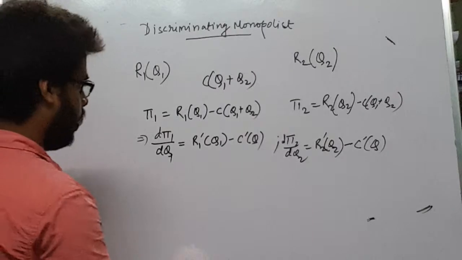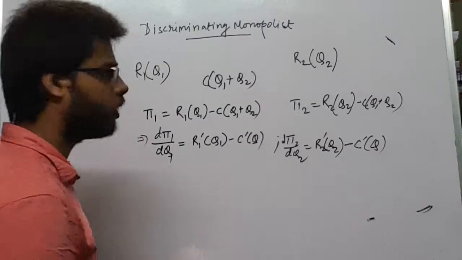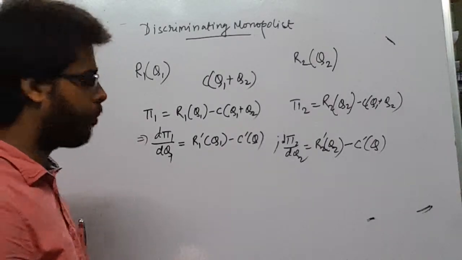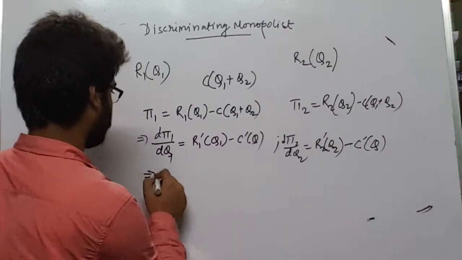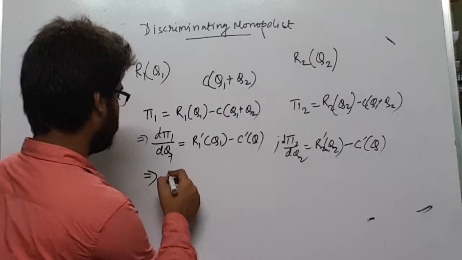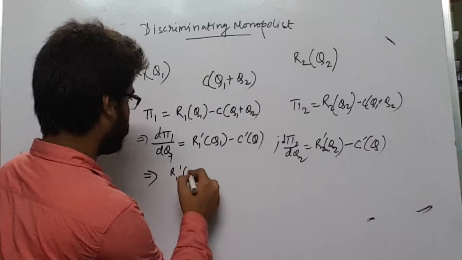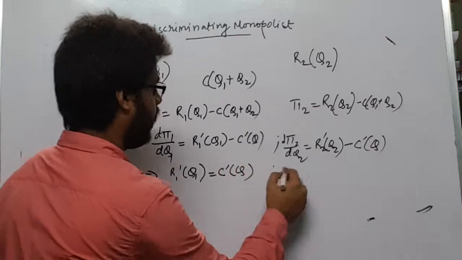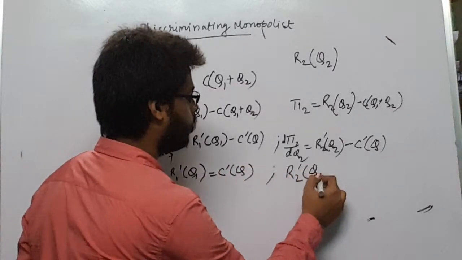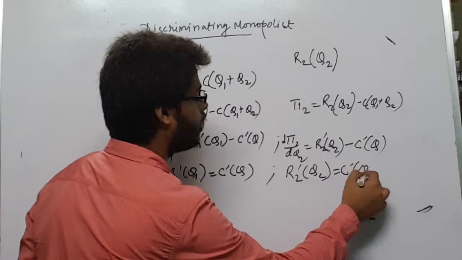So these are the derivatives of the profit functions. Now we equate the first derivative of profit for both to 0, and we find that R1'(Q1) should be equal to C'(Q), and R2'(Q2) should be equal to C'(Q).